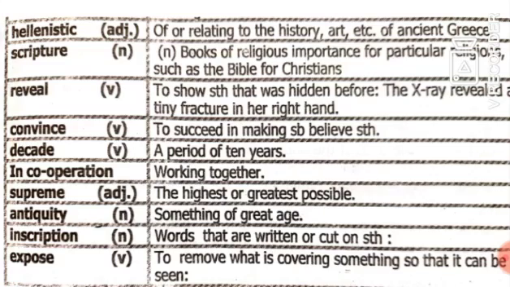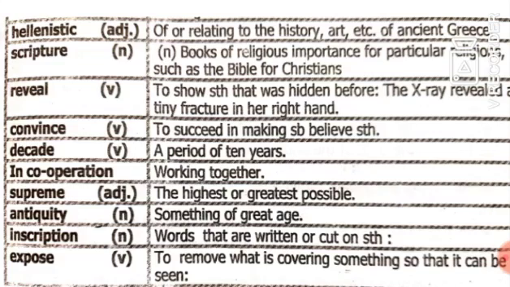Convince means to succeed in making somebody believe something, or to persuade. Decade means a period of 10 years, and we also know century is a period of 100 years. In cooperation means working together, and it takes the preposition with: in cooperation with.